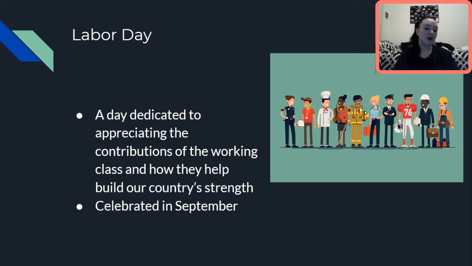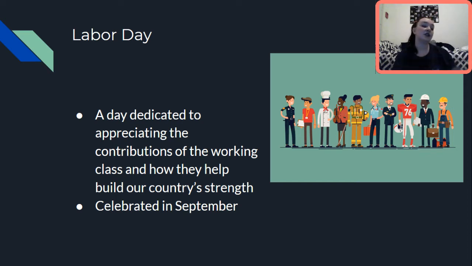Labor Day. This is the one that comes right when we get back to school. So we're in school for about a week, and then we have a day off to celebrate the contributions, what people gave to the country through their work.